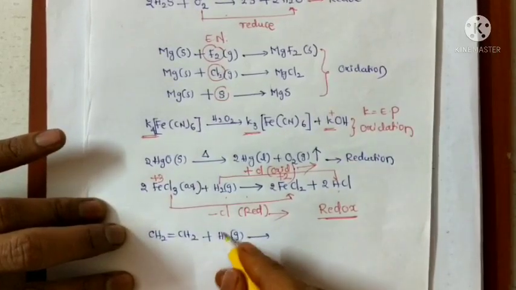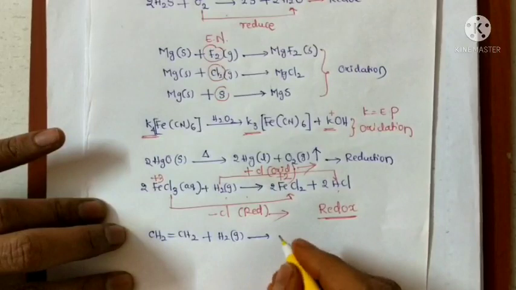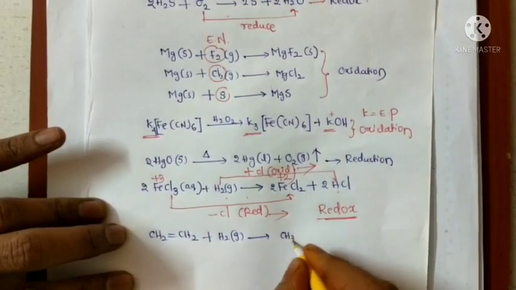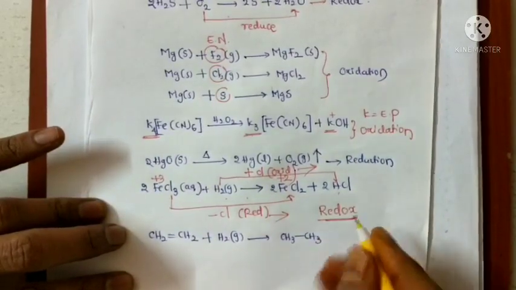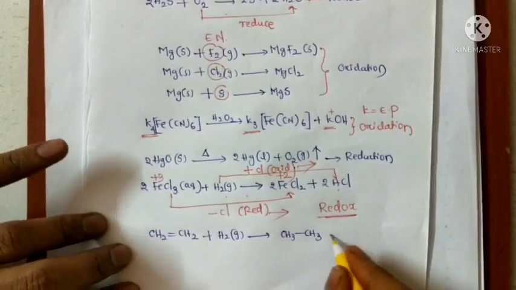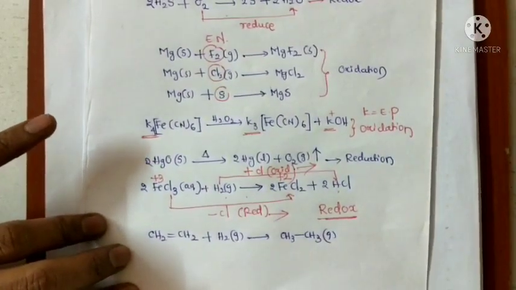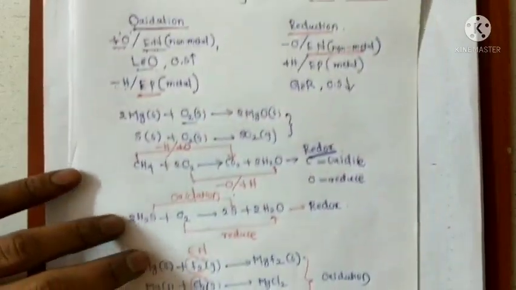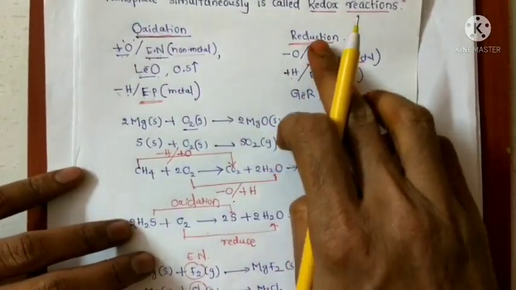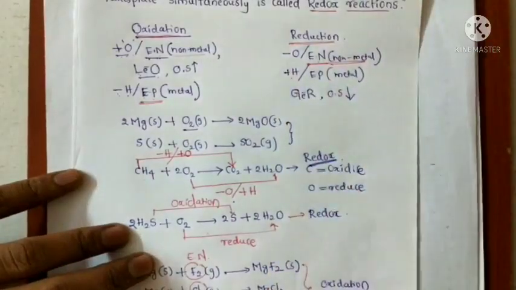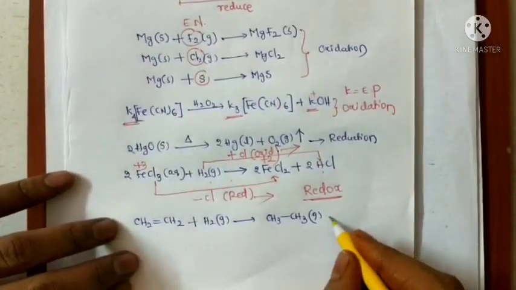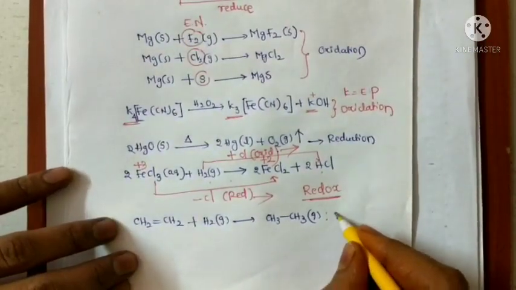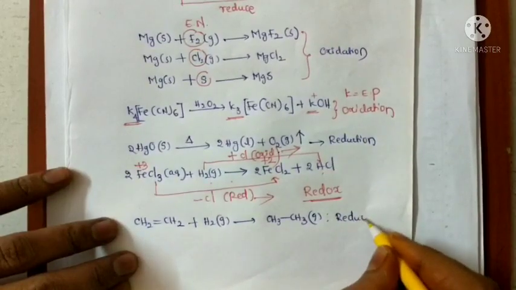So what happened, just a hydrogen molecule is added, and it is converted into C2H6, which is a gas. So addition of hydrogen is nothing but a reduction reaction. That's why this reaction is an example for the reduction.